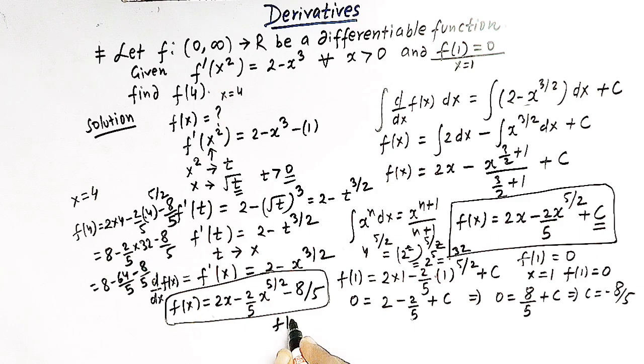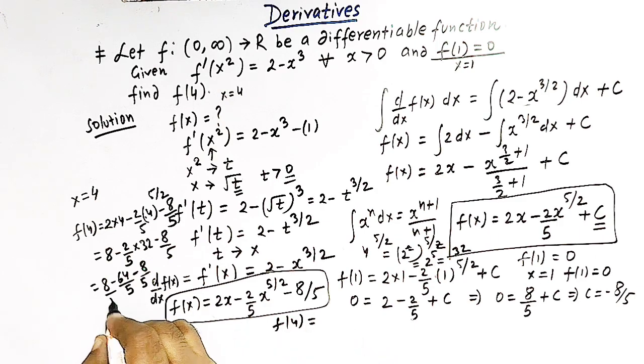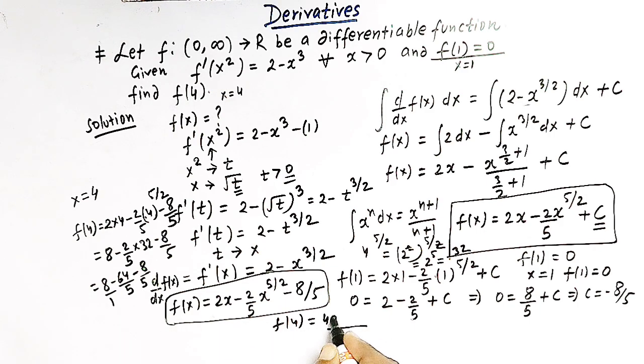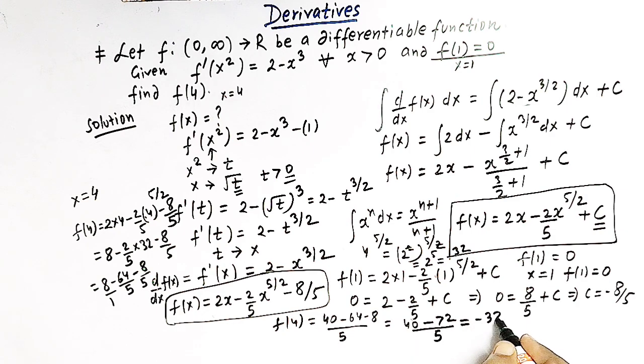So now f of 4 is equal to, here we can take the LCM, that is 5, and then we have here 40 minus 64 minus 8. So this is 40 minus 64, minus 64 minus 8 is minus 72, and here we have 5, so this is minus 72 over 5, right?